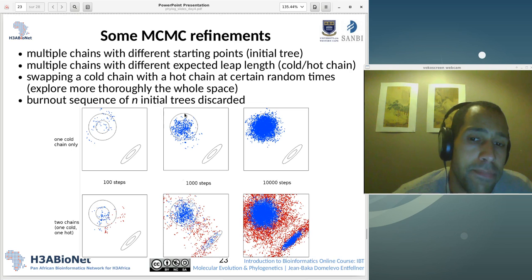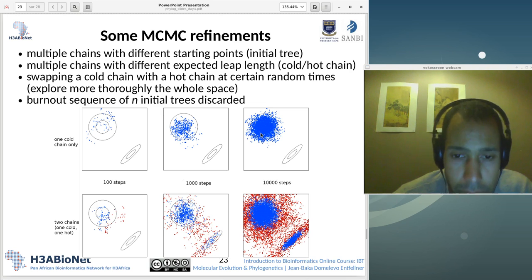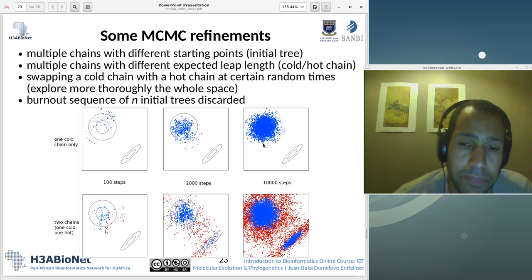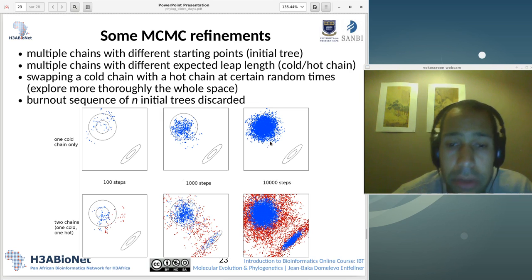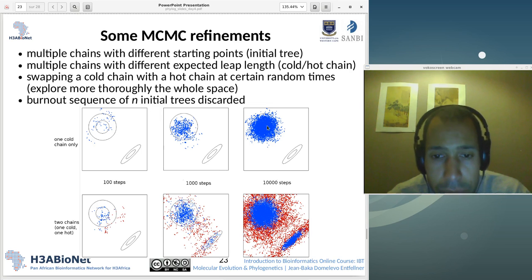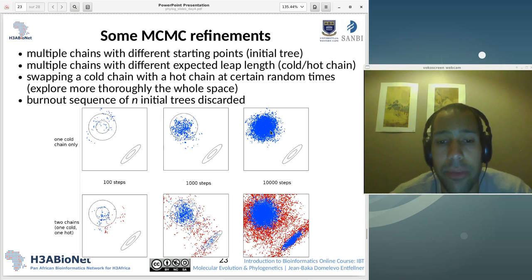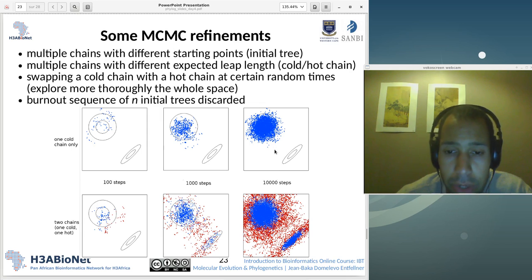But we see that it's not the best in this framework. When you have just one chain, it's not going to work very well, and in most cases you won't be able to explore this peak.